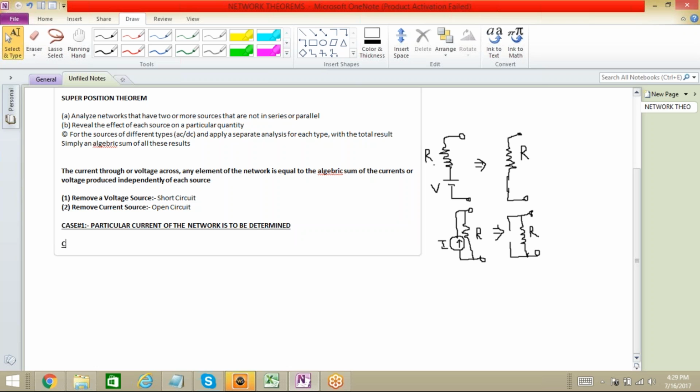Similarly, we have case number two. A particular voltage of the network is to be determined. That means the contribution to the voltage must be determined for each source.